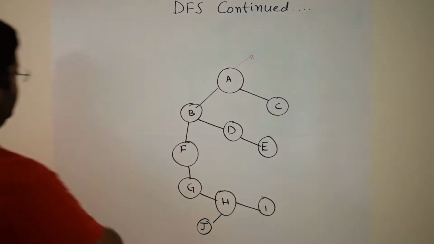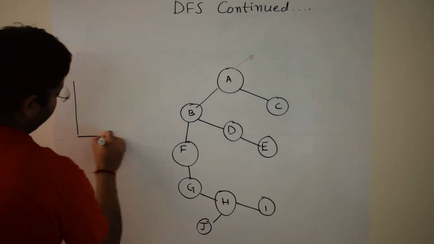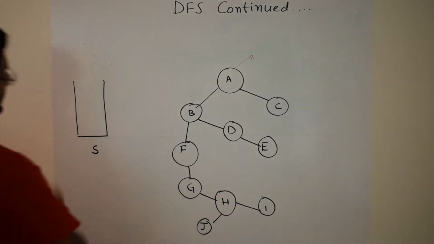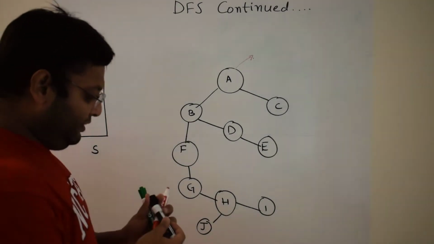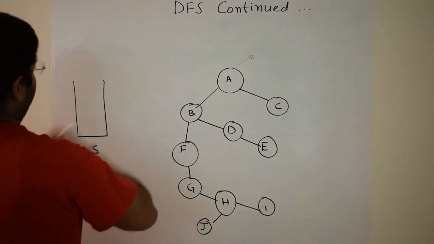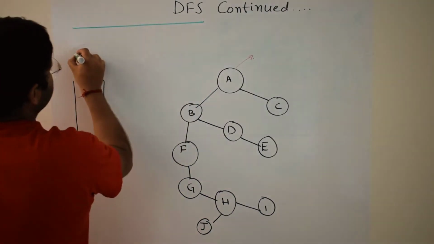Now, let me also make a stack here, and let me call this stack by the name of S. And let me also keep an array which will track the nodes which I have visited.